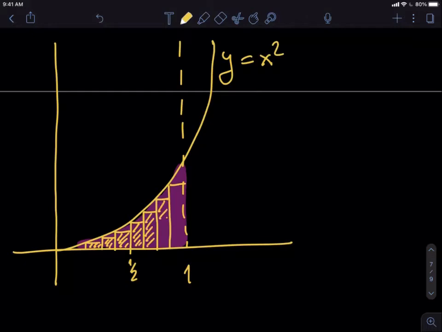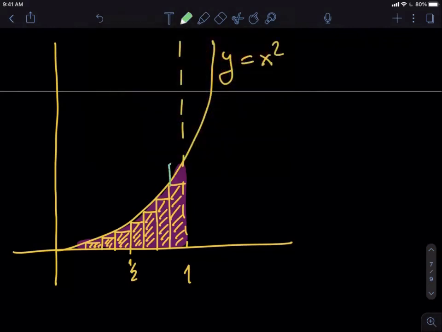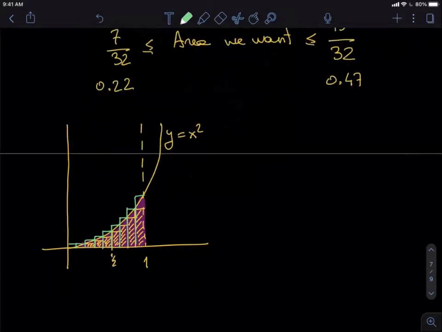and we can do the same from above. Okay, in this case, we have these rectangles. There we go. That gives me the approximation.